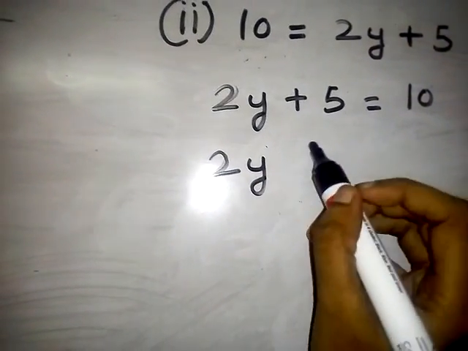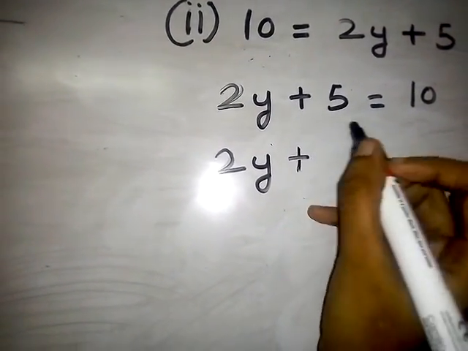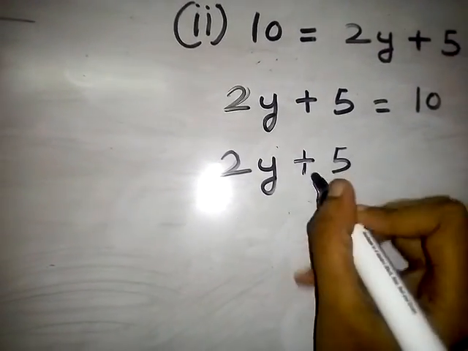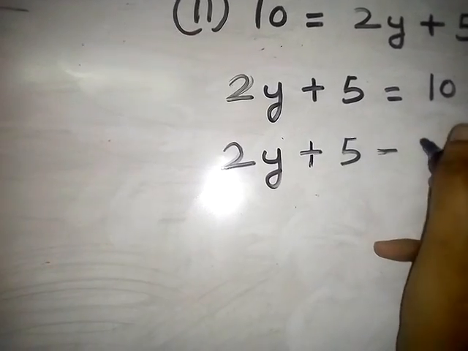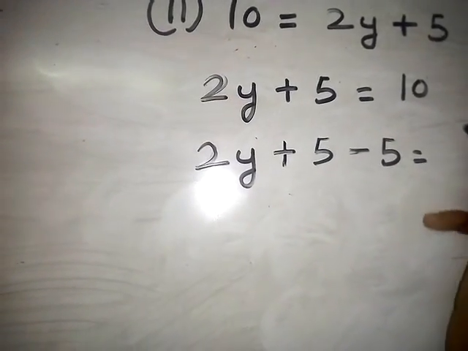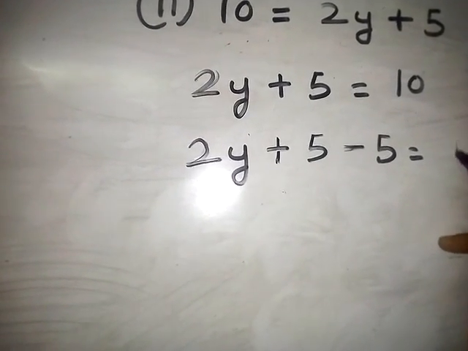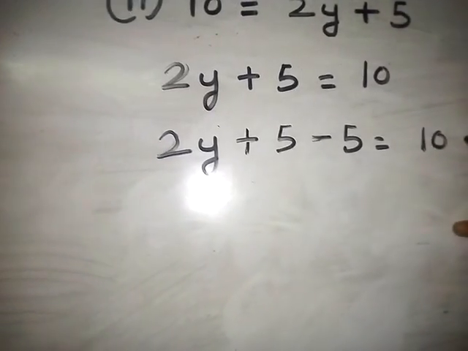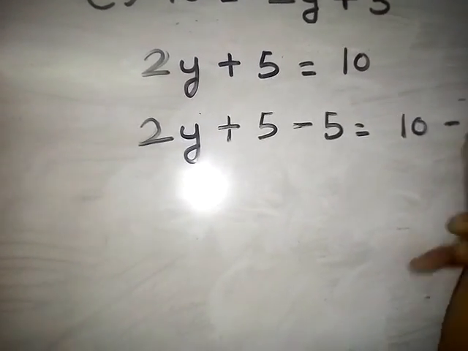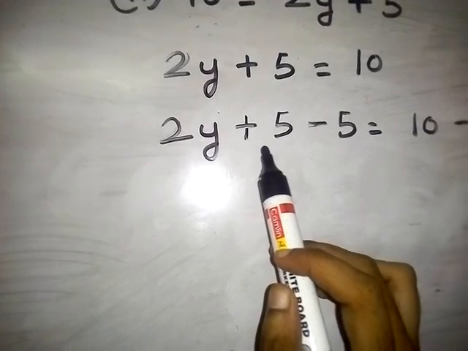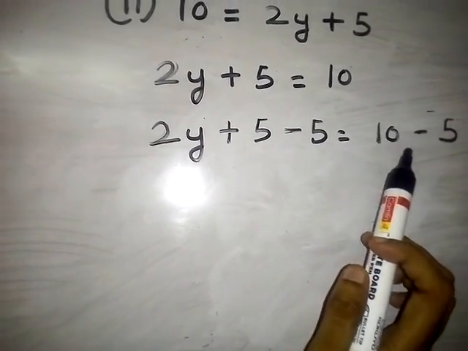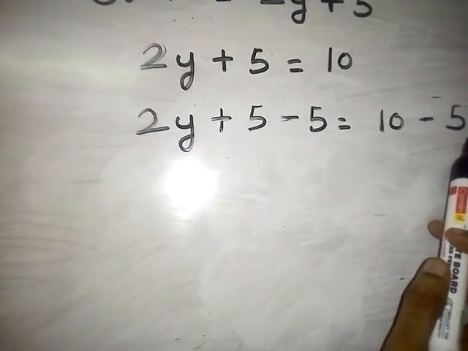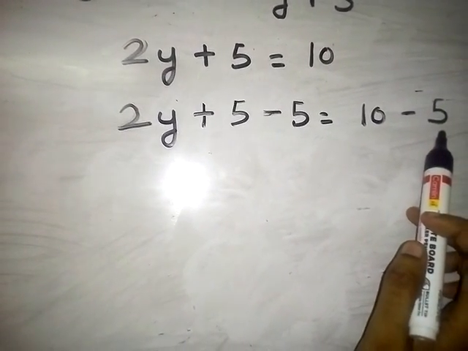2y plus 5 is given on the left side. Here plus sign is there, so plus 5 becomes minus 5. On the right side a single number is there, 10 minus 5. Whatever opposite sign and number you have taken on the left side, on the right side also you have to take the same opposite sign and that same number in the equation.